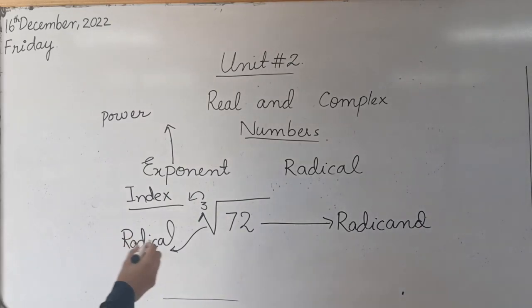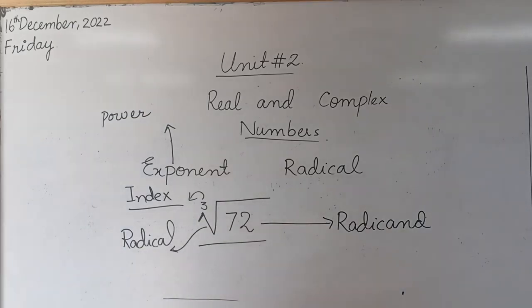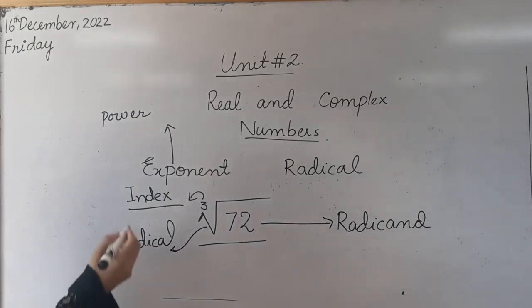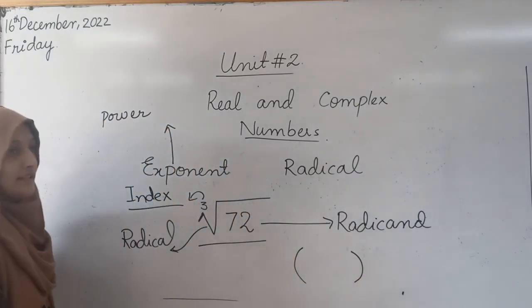So to convert this cube root of 72 into exponential form, we'll write round brackets.